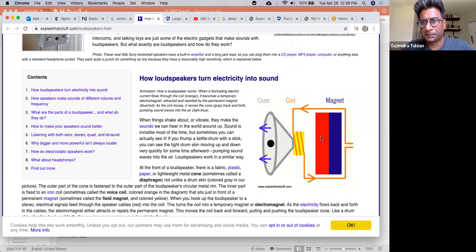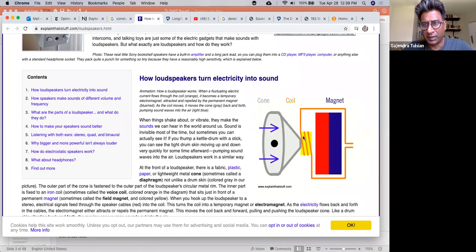This is a magnet, and this is an electromagnet. You'll learn about this in physics too. These arrows are currents. When a current passes through this coil of wire, it becomes magnetic. When there's no current, it's not a magnet. So when the current passes, it becomes magnetic.